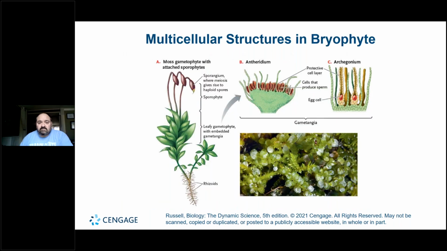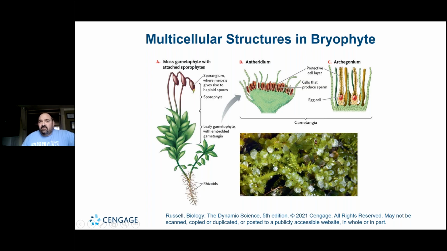And so as we're looking at the bryophytes here, just in general, you're seeing the antheridium would be for the male and production of the sperm portion, and the egg cell produced by the archegonium. And you'll see here also, quite interesting, the rhizoids.